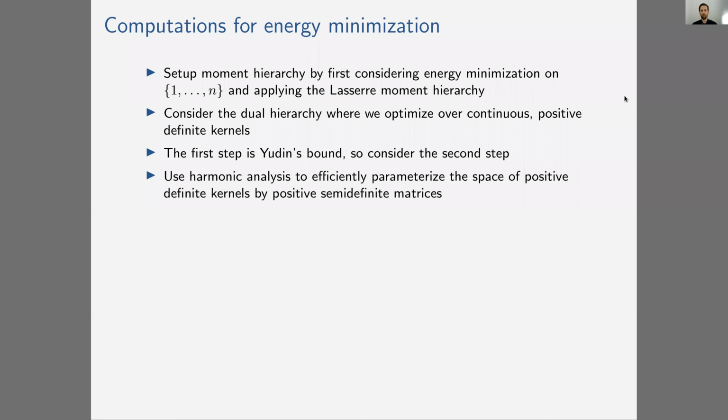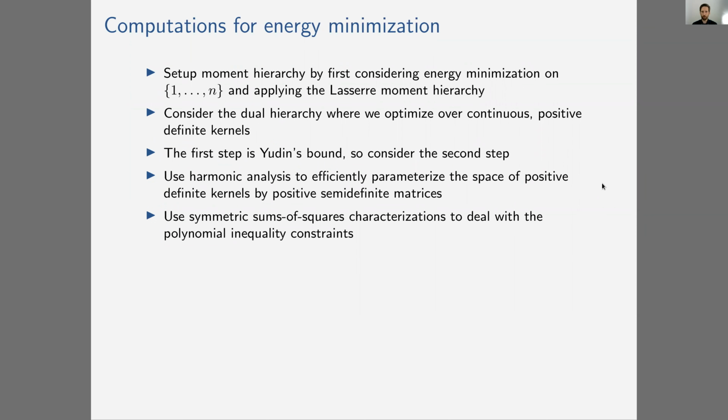And then we use harmonic analysis to find an efficient parameterization of the space where these positive kernels live by semidefinite matrices. And the important thing here is that you need to find some way to do this explicitly so that you can really put things into a computer. Then we are left with a problem with a lot of positive semidefinite matrices, but also with polynomial inequality constraints.